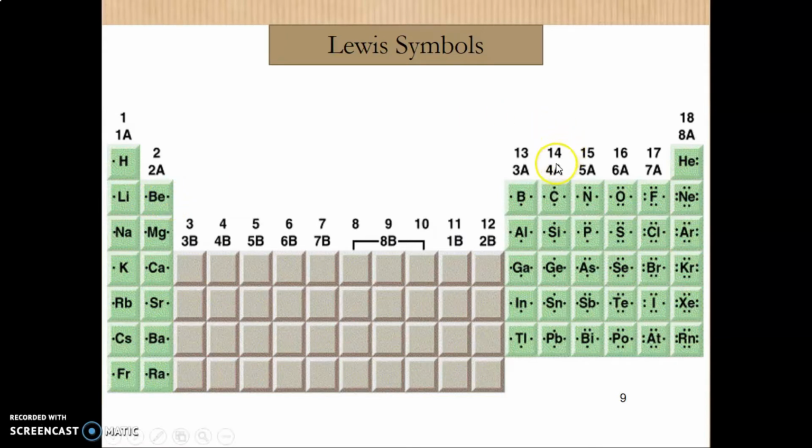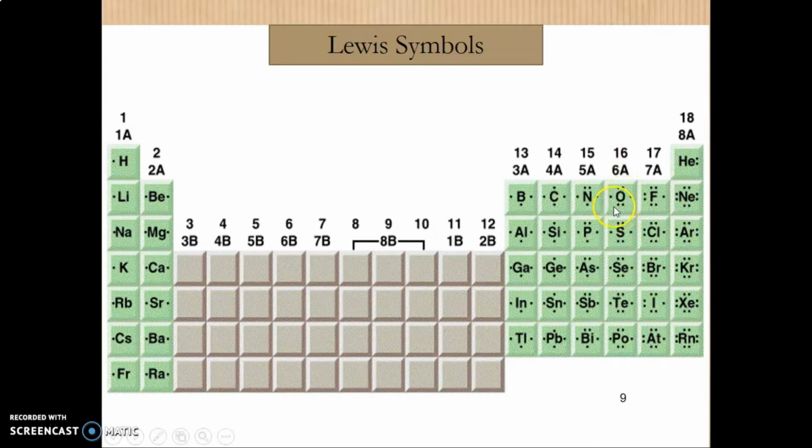Okay, let's see group 14. For group 14, there are 4 valence electrons. So the 4 valence electrons are placed at the top, at the bottom, at the right side and the left side. The electrons are put as far apart as possible. Okay, let's see an example for group 16. There are 6 valence electrons.